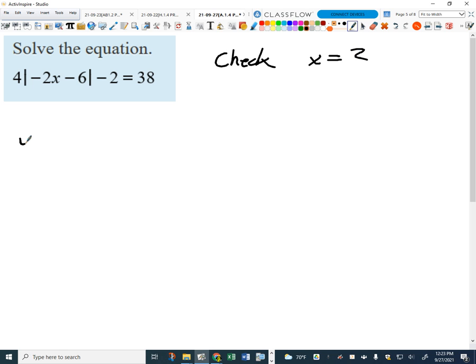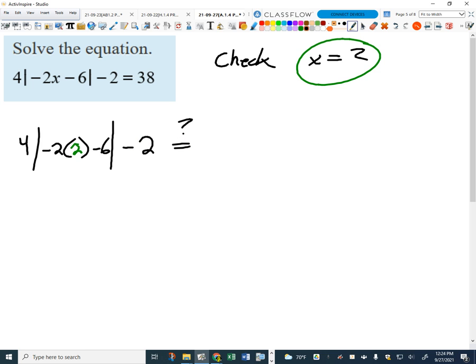So what's that going to do? If I plug that in, I get 4 times the absolute value of negative 2 times 2 minus 6, minus 2. Is that equal to 38?